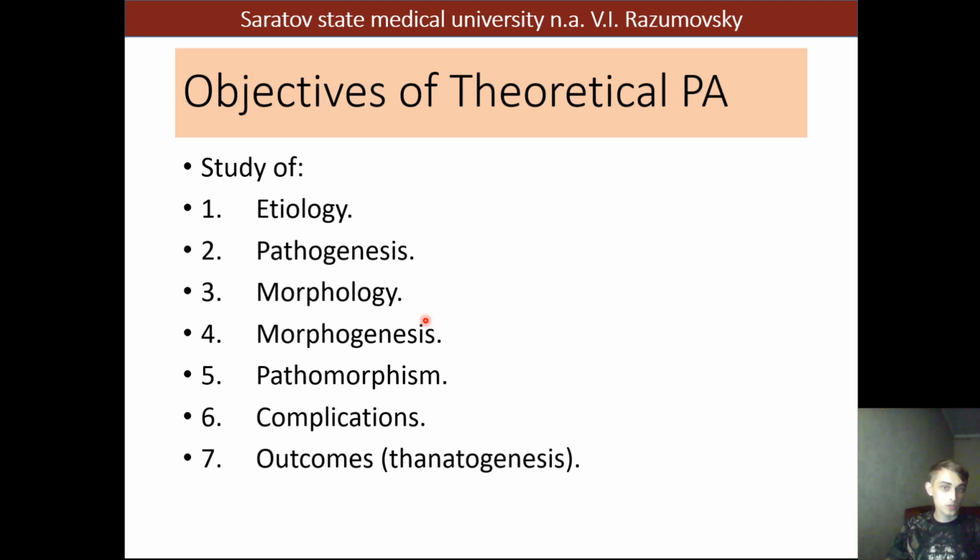And outcomes, or thanatogenesis. In clinical departments, there are only two forms of outcomes. The first one, good: the patient is healthy and goes home. And the second one, the patient dies.